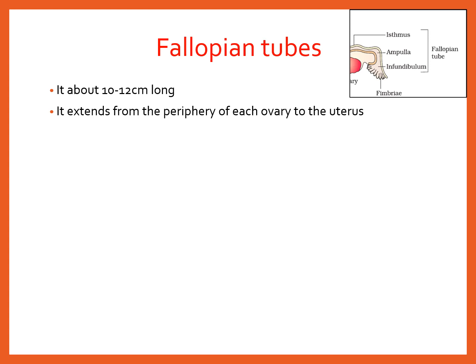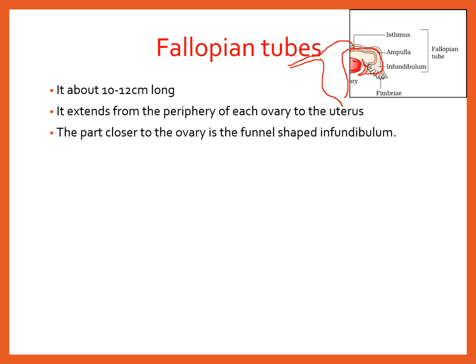So you can see from the periphery of the ovary, this is the ovary, and from the periphery of ovary, it is extending, and further, it goes to the uterus. This is your uterus area, right? So here you have another fallopian tube. This is one fallopian tube, another fallopian tube, and they extend to the uterus.